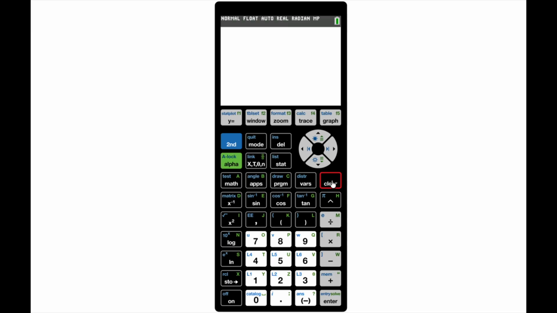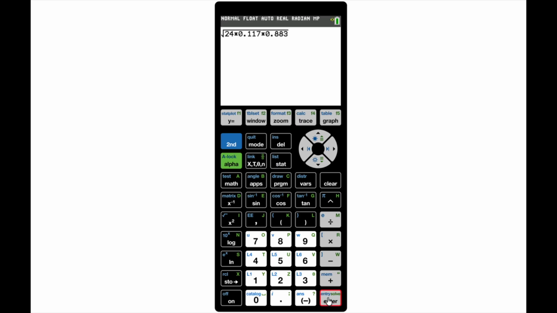To enter the square root on the TI-84 calculator, press second and then press the x squared key. Now enter the values inside the square root. 24 times 0.117 times 0.883.